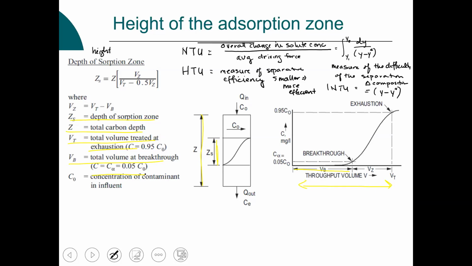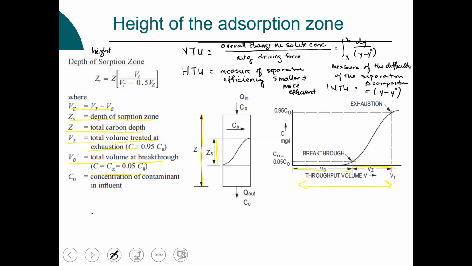So, for here, we'll use 5%. And then C naught is the initial concentration. And then V sub Z is the difference between the volume we can treat to breakthrough and the total volume we treat to exhaustion. Okay, so those are important.